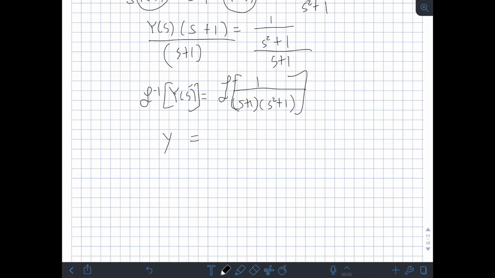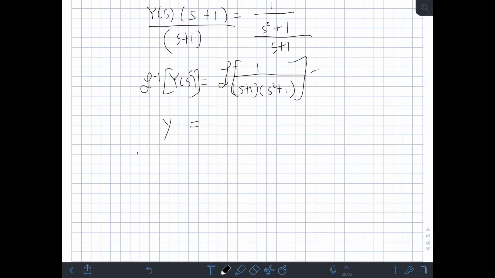So, try natin i-decompose muna into partial fraction itong rational expression. So, apply natin yung natutunan natin sa pagganap ng inverse Laplace transform. So, we have 1 over s plus 1 times s squared plus 1 is equal to a over s plus 1 plus itong s squared plus 1, dapat meron siyang, let's say, bs plus c, right? Kasi quadratic na siya.